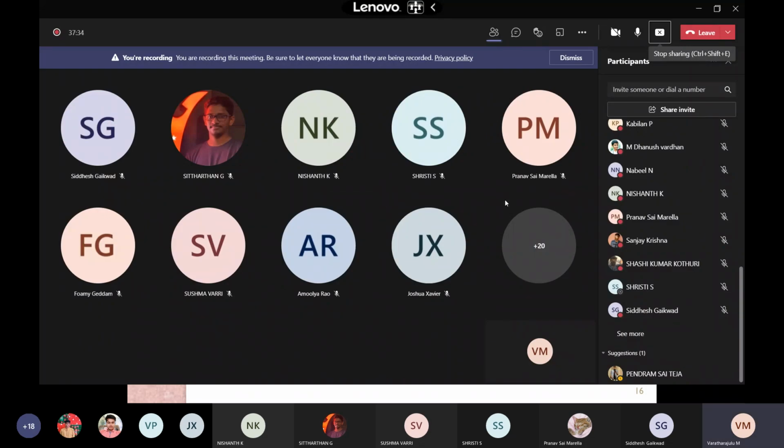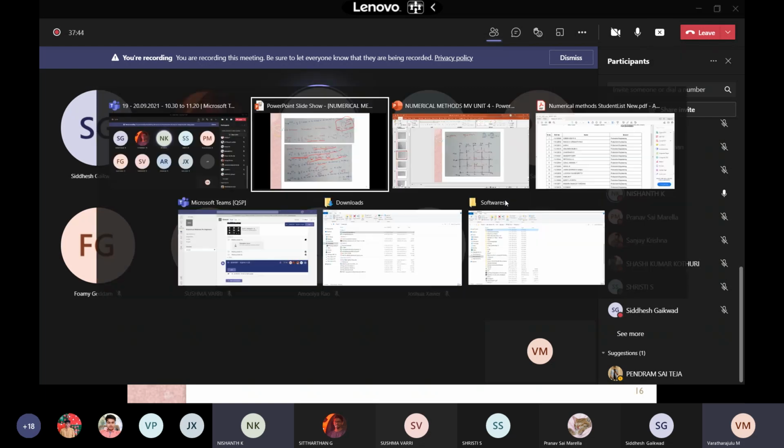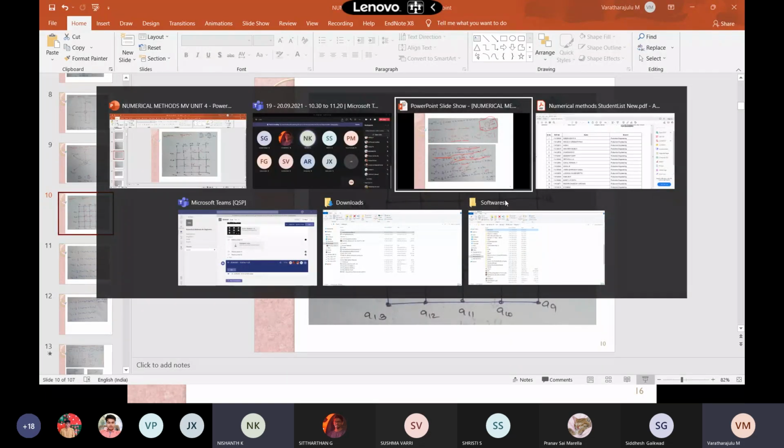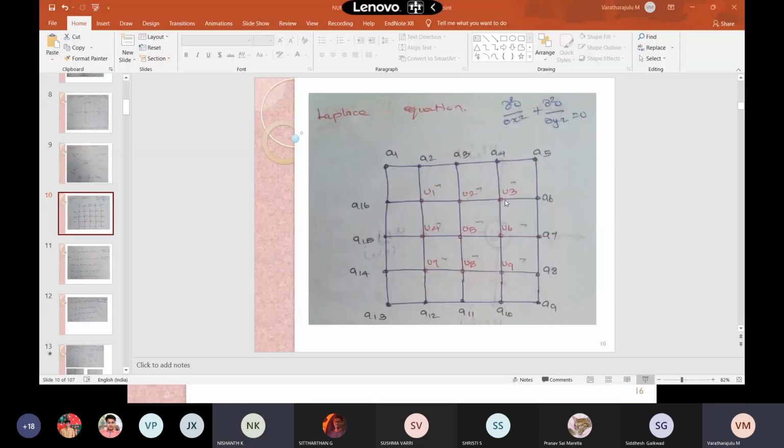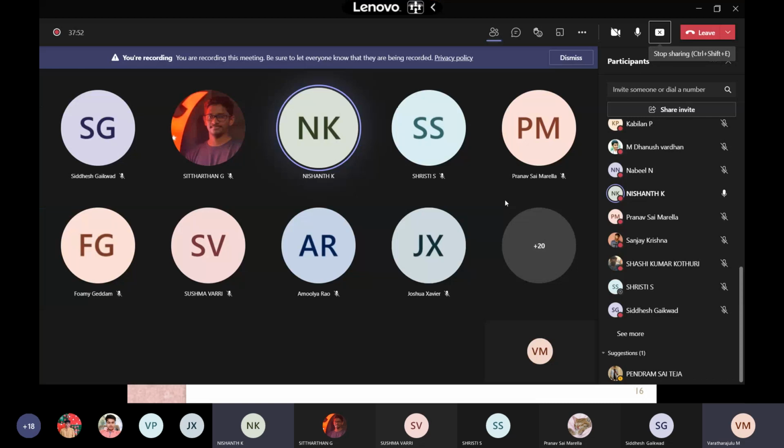Nishant, you calculate U6. Amolya, you calculate U7.